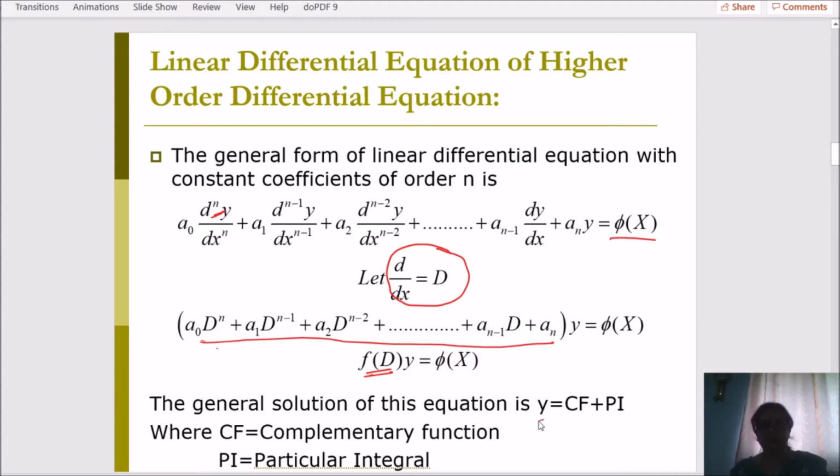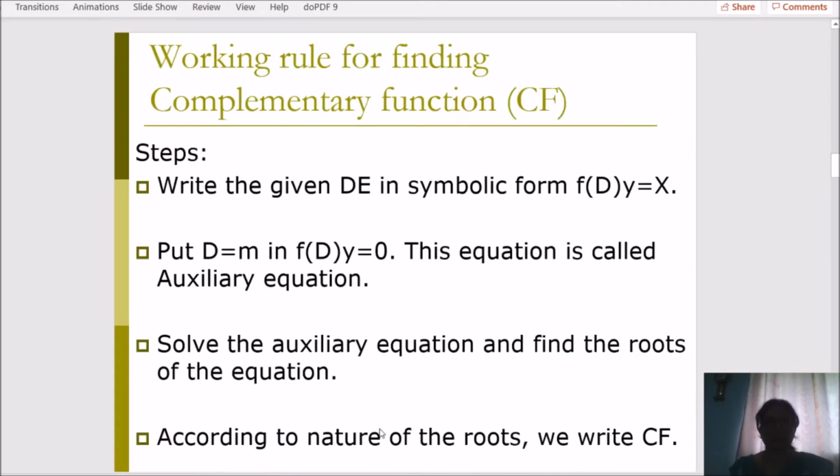Now solution of this equation is given by y equal to CF plus PI, where CF is complementary function and PI means particular integral. Now cases for finding CF.